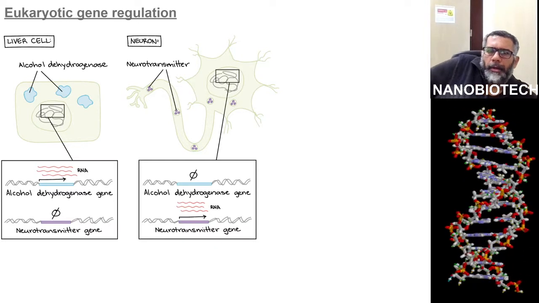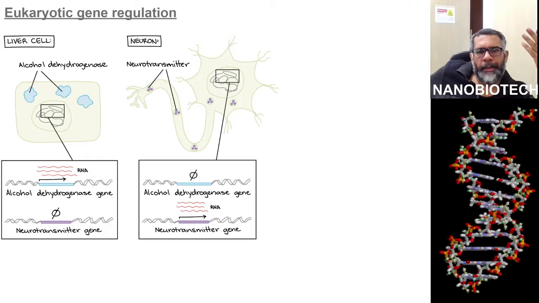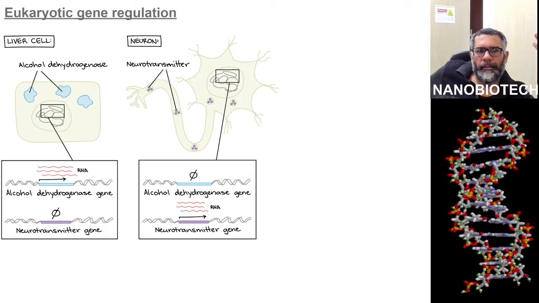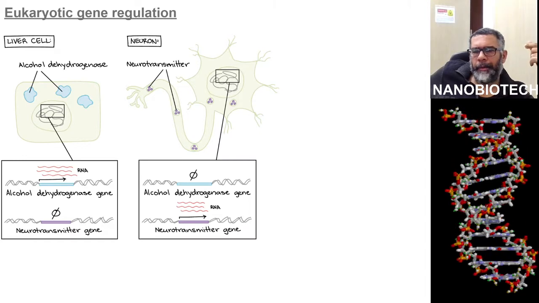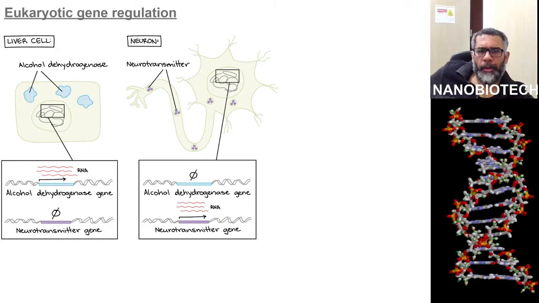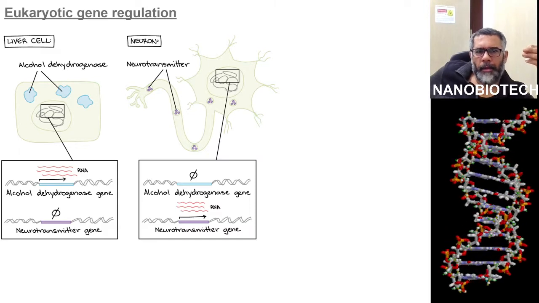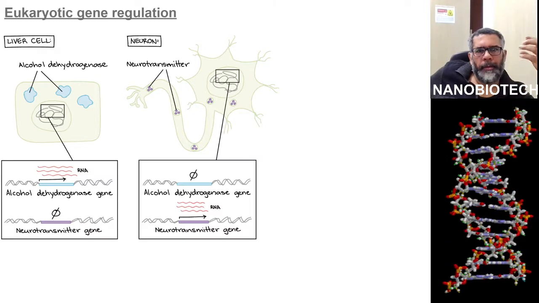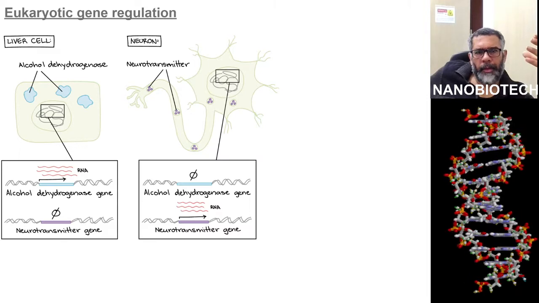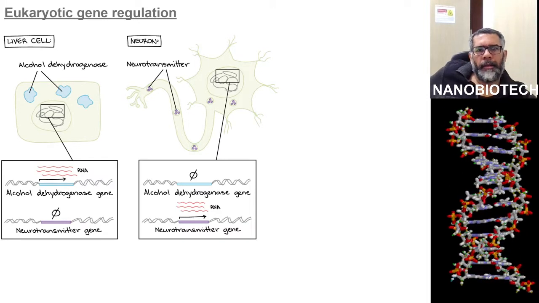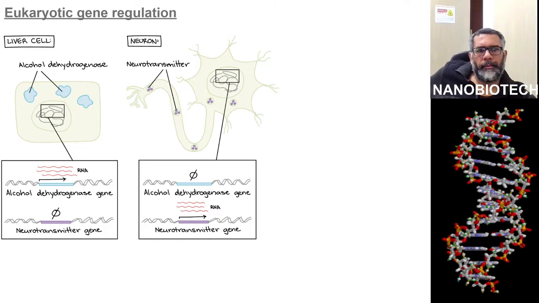Okay, so let's talk about gene regulation in eukaryotic cells. Our amazing body contains eukaryotic cells, cells that have certain organelles covered with membranes, etc. And human cells are one of them.